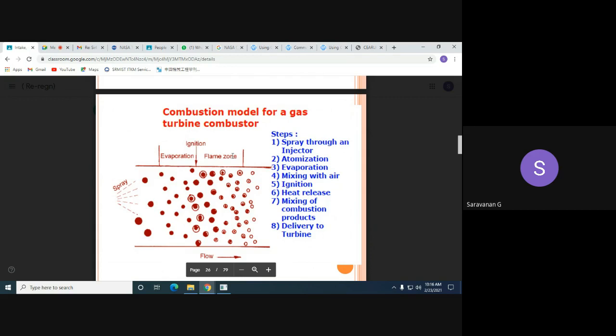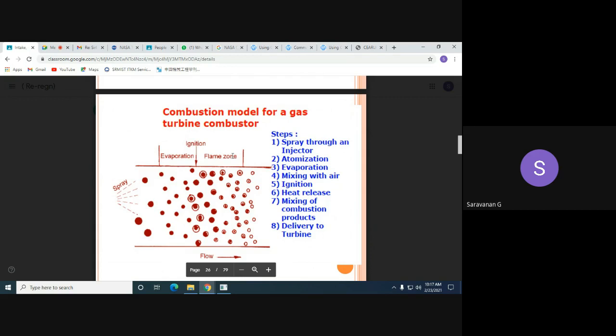Due to the ignition, proper combustion takes place and heat is released. Sometimes the mixed gases will again mix with the combustion products and fuel. At the end, after combustion, the hot gases are taken to the turbine.